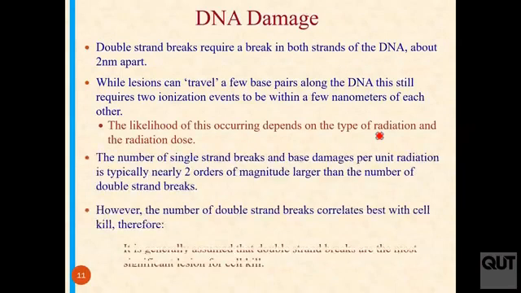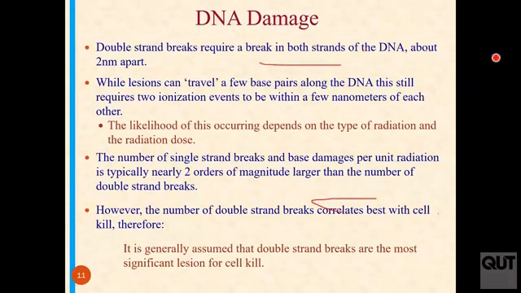Let me get all of these up. Okay. So a double strand break in DNA requires a break in both strands of the DNA within about 2 nanometers. Some breaks can travel along a little bit, but it still requires 2 ionisation events to occur within a few nanometers of each other.